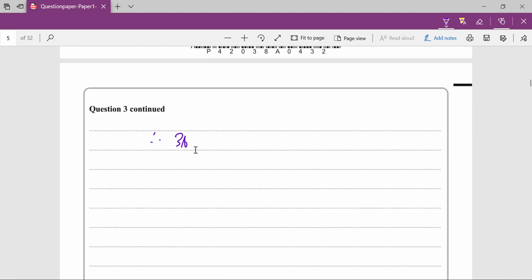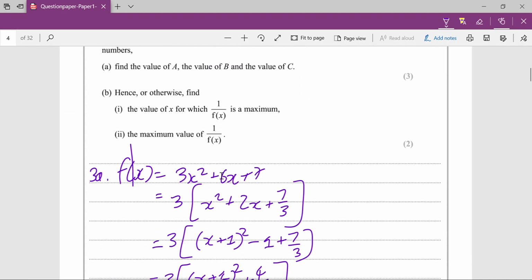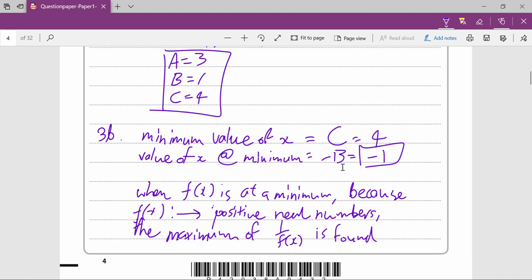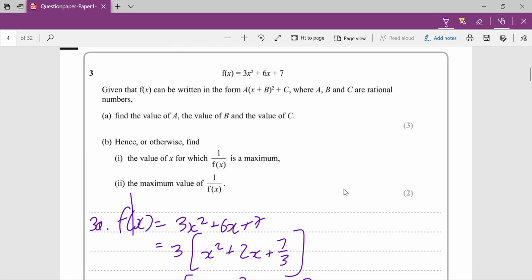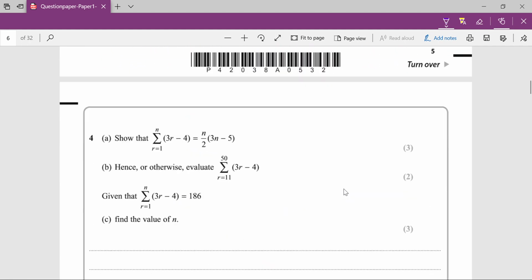So 3b(i) would be -1, and 3b(ii), meaning the maximum value of 1 over f(x) would be 1 over the minimum of f(x), which would be 1 over 4, as 4 is our constant c. Alright, so I'm going to declare this question done, and we are going to move on to the next one.